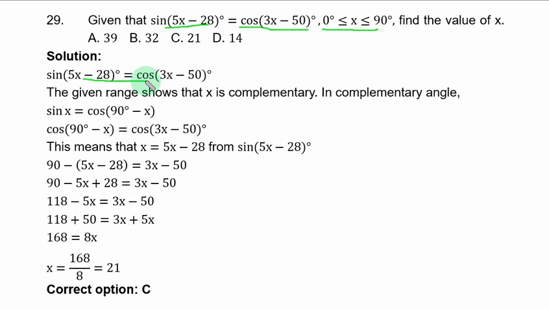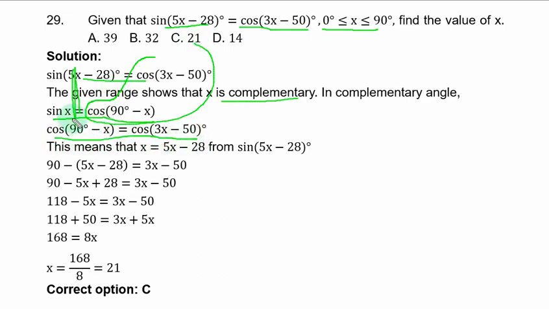The given range shows that the angles are complementary, and in complementary angles, you have a identity. One of them is sin s is equal to cos (90 degrees minus s). So these two sides, they are equal, so let's equate these two sides, and that is what you have here.